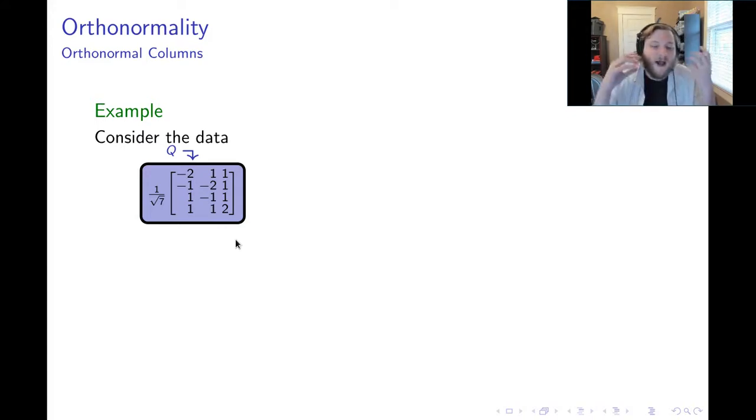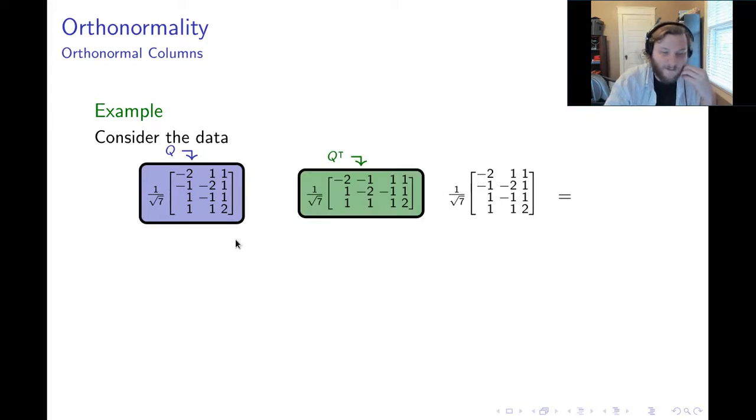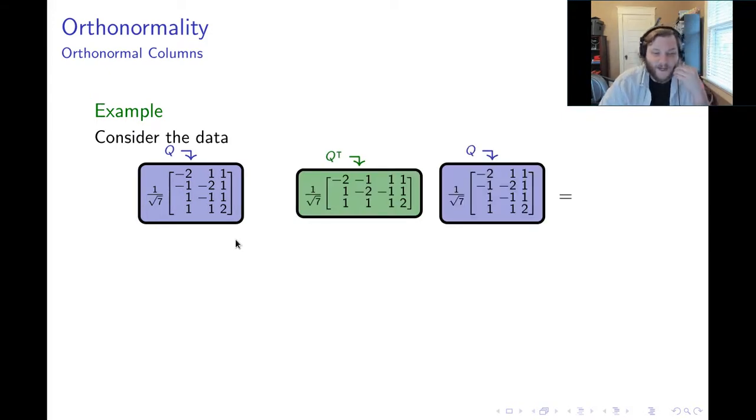And if I wanted to check whether or not this matrix had orthonormal columns, the thing I would do to make that calculation efficient is I would look at the Gramian. So I would transpose my matrix and then multiply by the matrix. And I did the calculation here, and when I multiplied Q transpose by Q in this order, I got the 3x3 identity matrix.